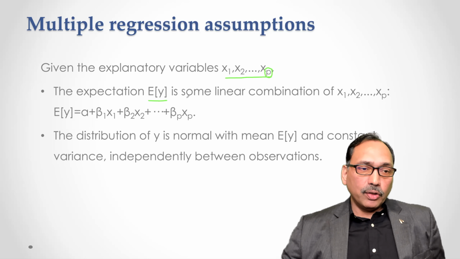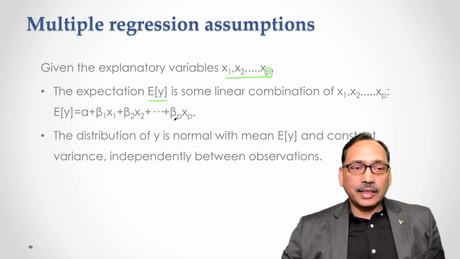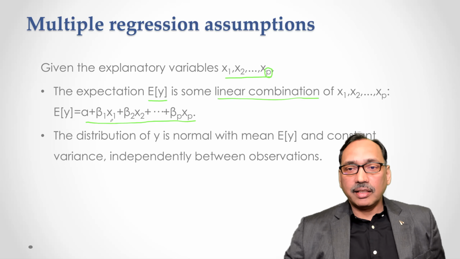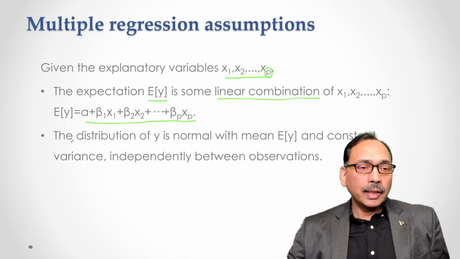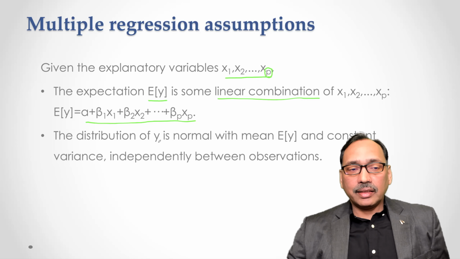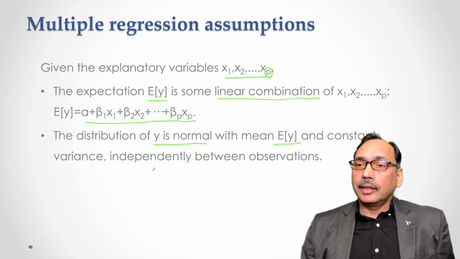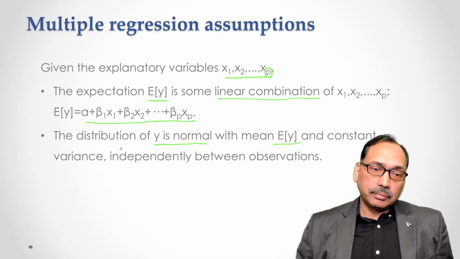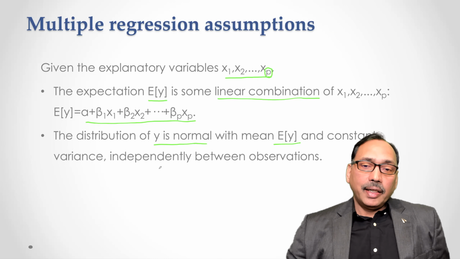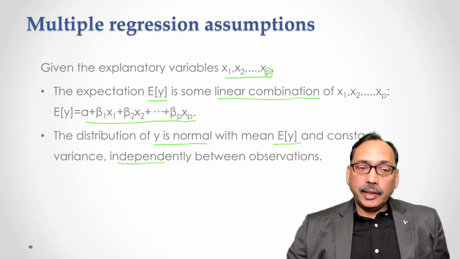So the expected value of Y is something like this. The main assumption is that it's a linear combination. And the second one is that the distribution of Y is normal with mean E(Y) and constant variance sigma squared. And observations are obviously independent.